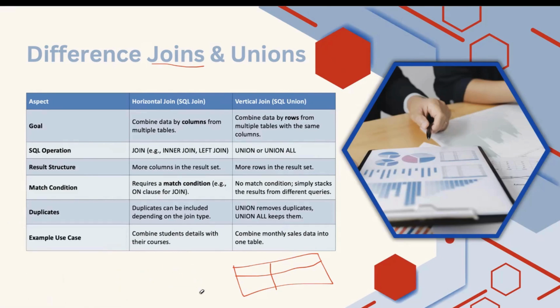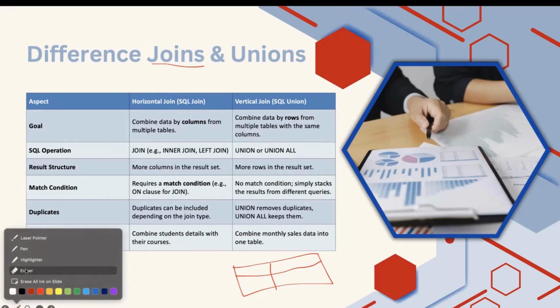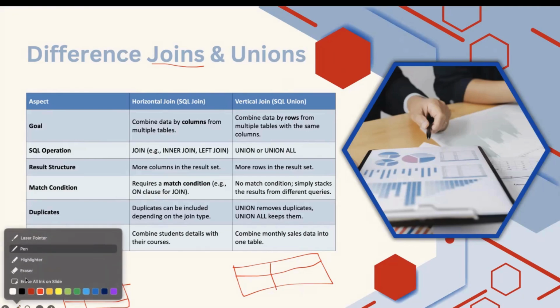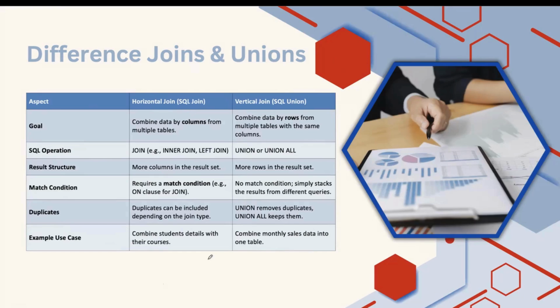Let me erase this. I want to create a proper table. So this is another table which also has rows and columns. Let me explain what the exact difference is between the horizontal join and the vertical join, the unions. So this is the horizontal join and this is the vertical join.